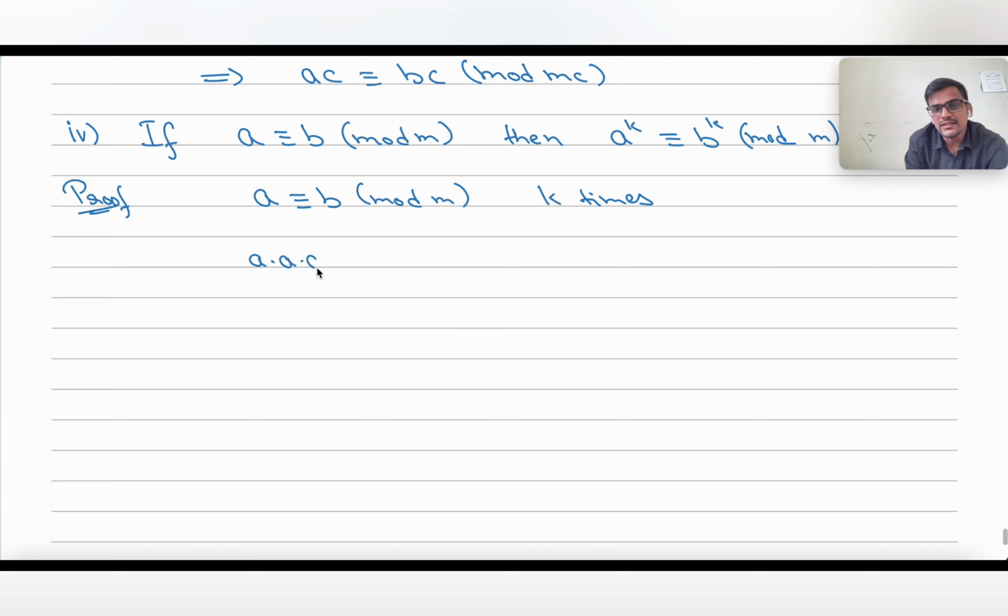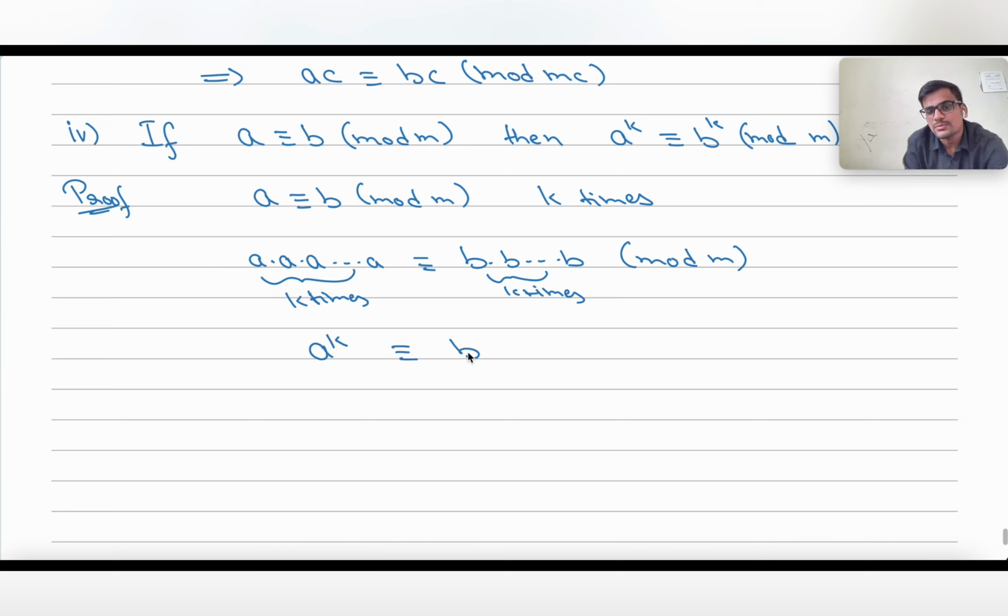A into A into A up to K times is congruent to B into B into B up to K times, modulo M. So this is nothing but A to the power K is congruent to B to the power K modulo M. I hope this fourth property is also clear to you.